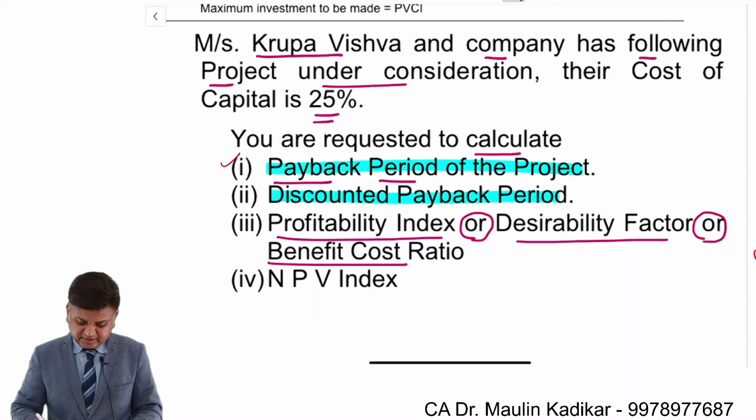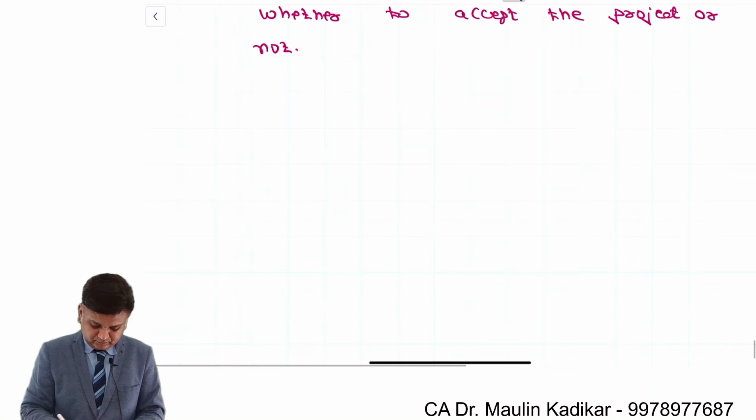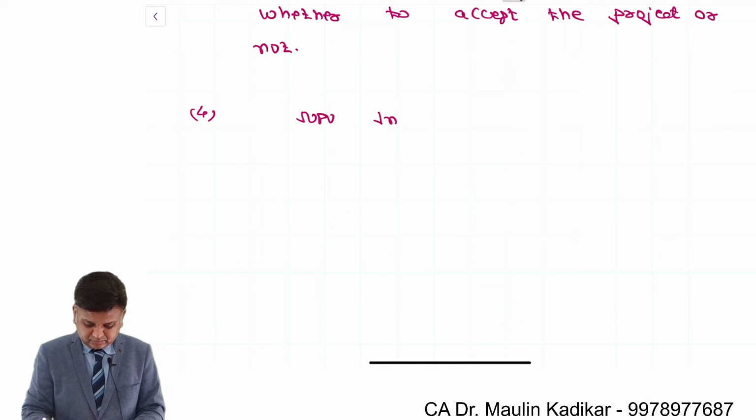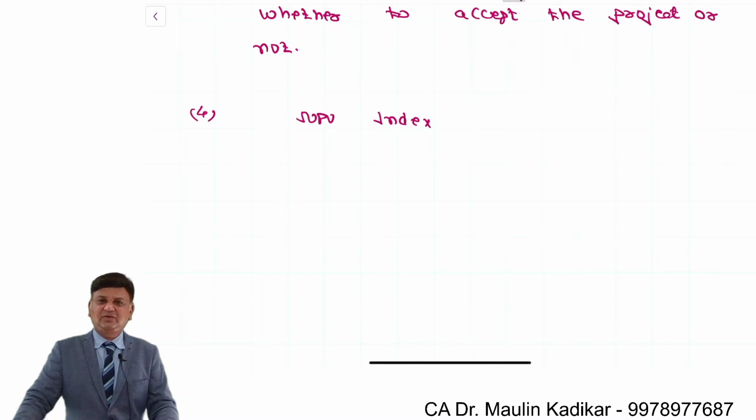Next question is calculate NPV index. Dear students, NPV index calculation is extremely simple. NPV index is calculated as NPV upon investment. It indicates the NPV of the project for every 1 rupee of investment made in the project.